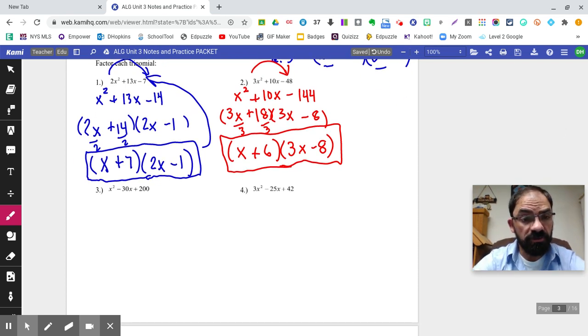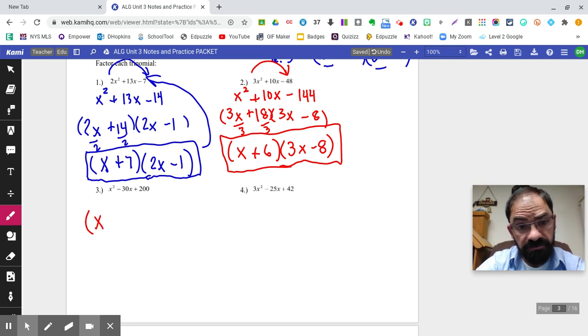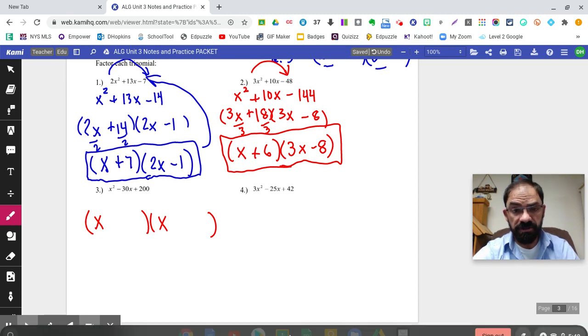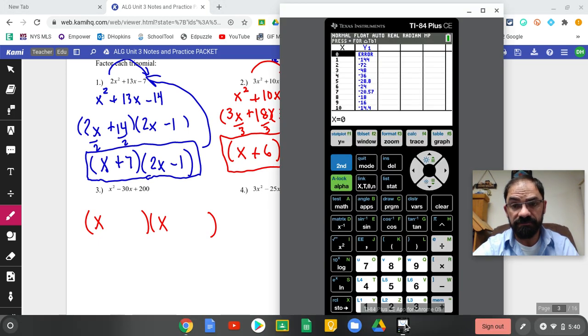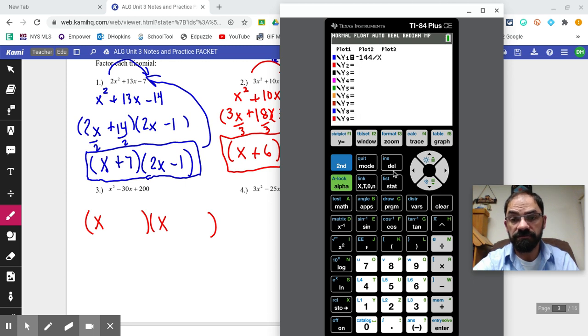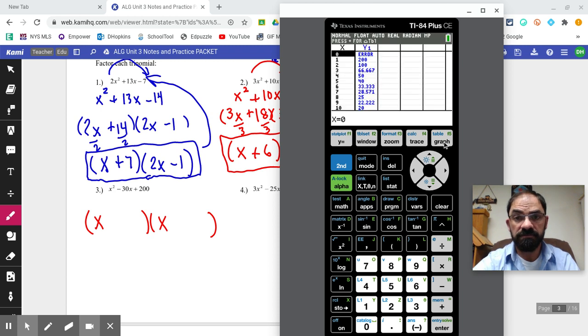Okay, this one, number 3, does not have a leading coefficient, so I can jump right into factors. Again, factors of 200 that add to get negative 30. Y equals, clear that out, we want 200 divided by x. Then we'll go to the table, and we're looking for negative 30.